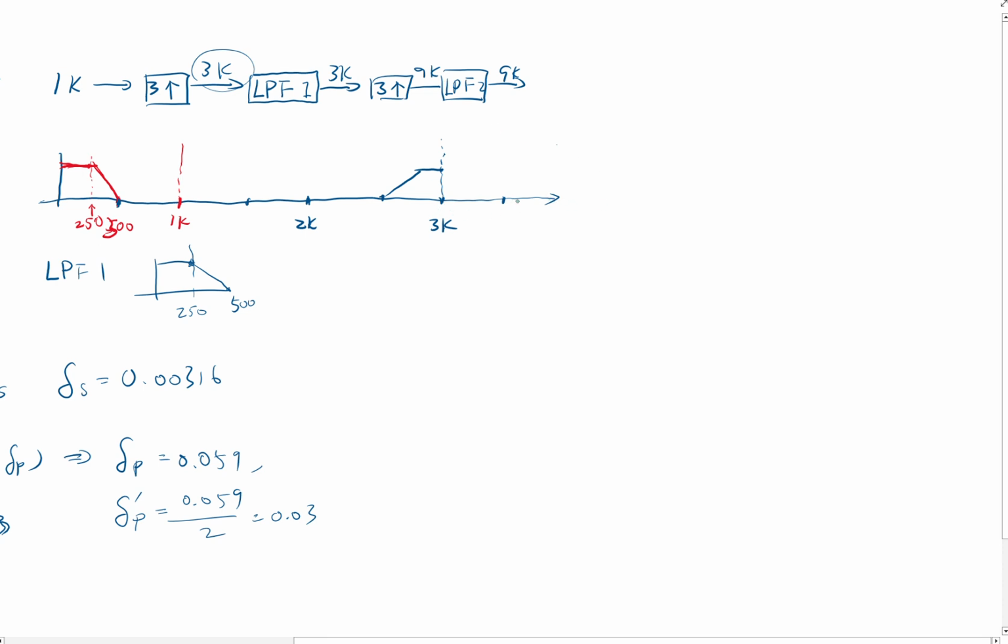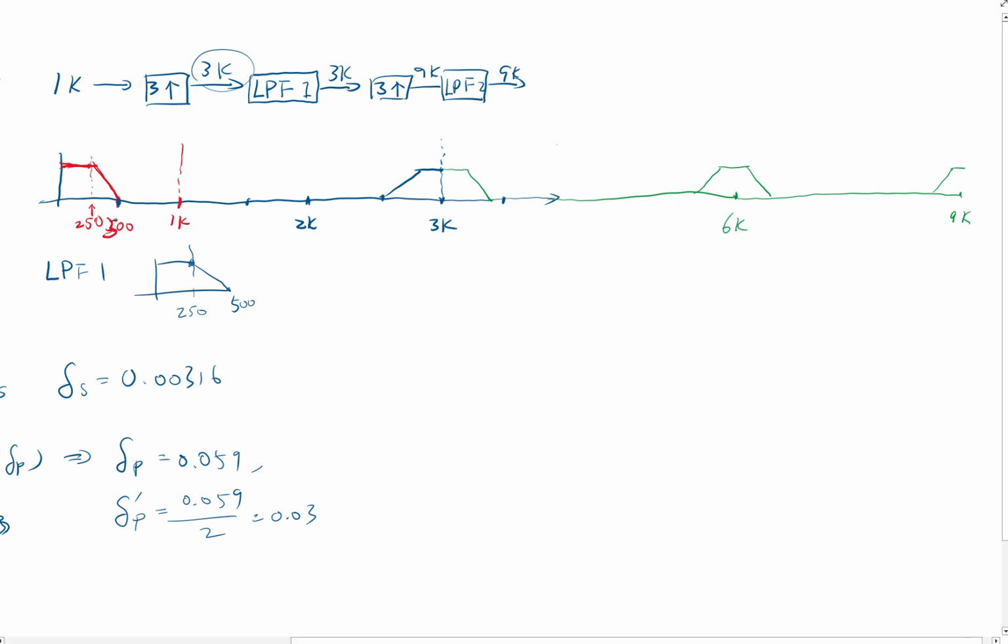So instead of this 3K, we have 6K, and we get something like 9K. These will be repeated. And what are the critical frequencies?